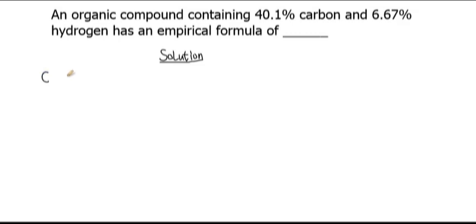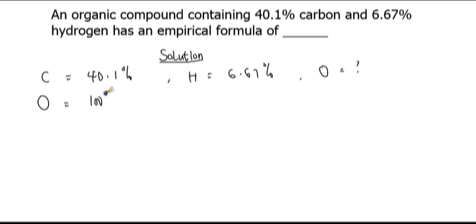We have carbon to be 40.1%, hydrogen to be 6.67%. Then for oxygen, oxygen is unknown. So to get oxygen, since the whole of the compound is taken to be 100%, we'll say 100% minus the summation of the other two elements present.